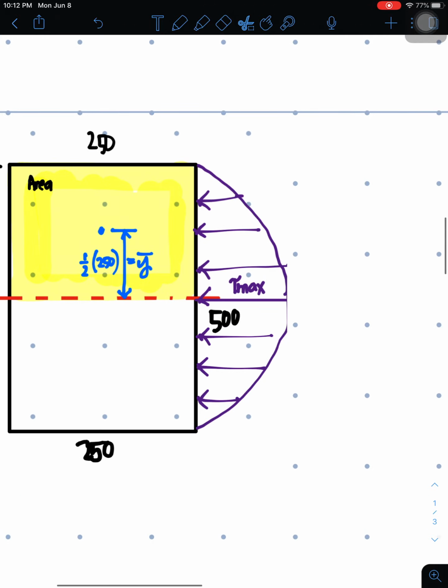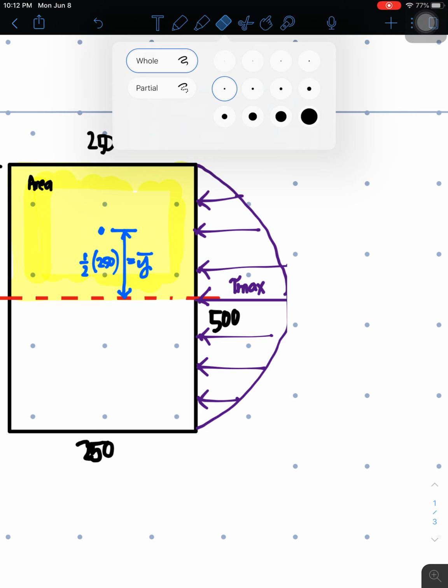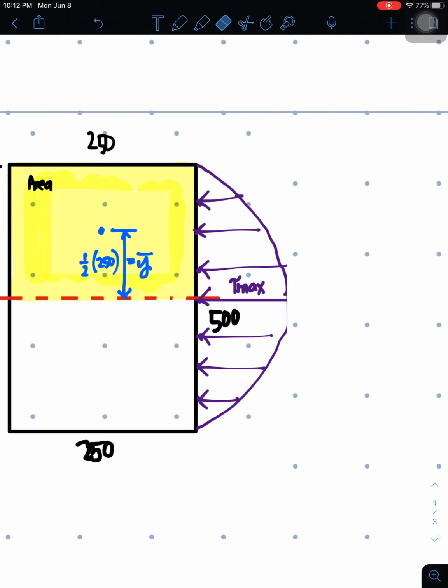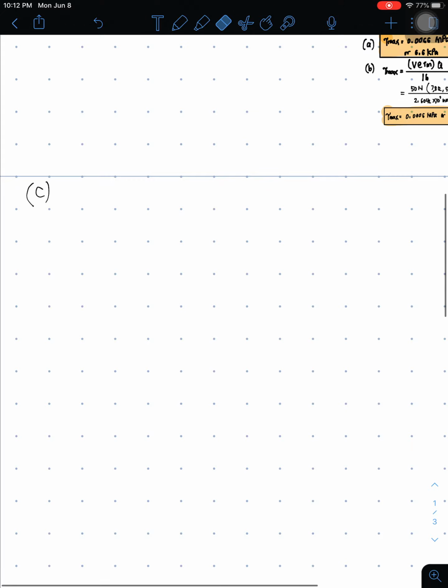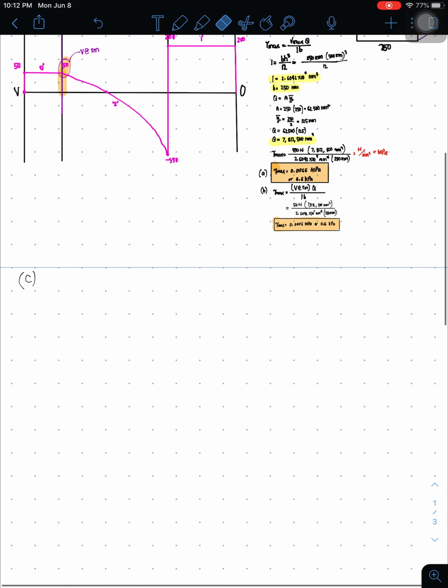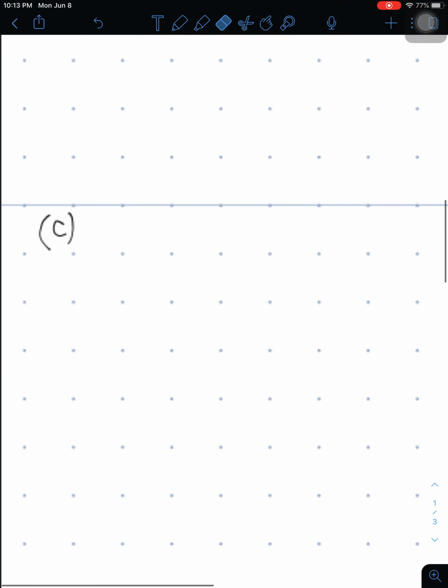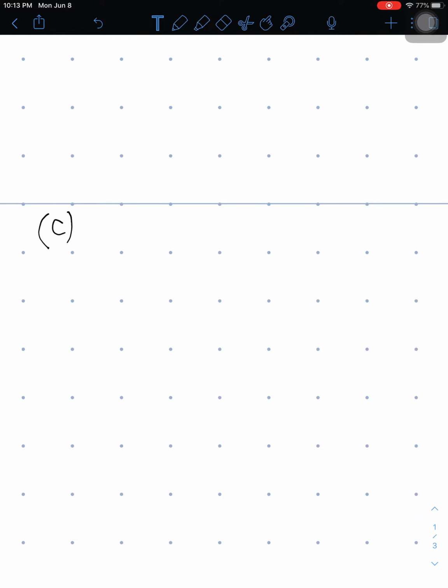Okay, and I'll just remove some of the figures here. So we have pasted.